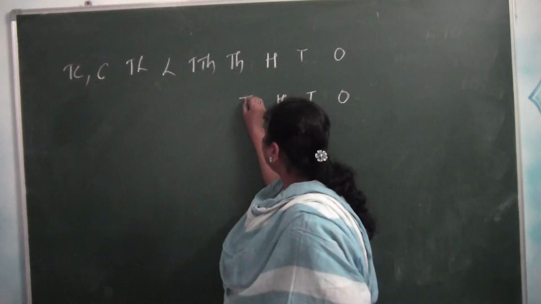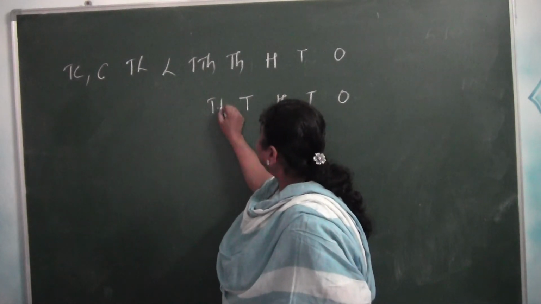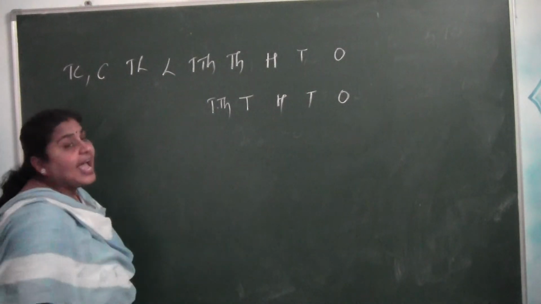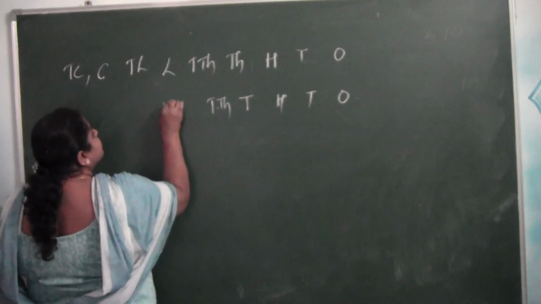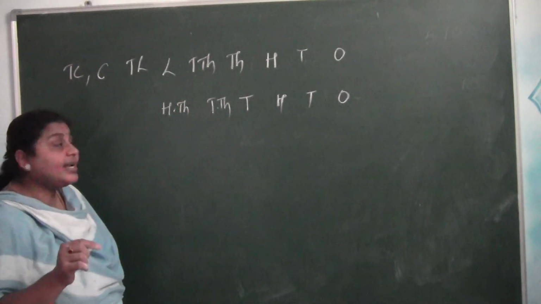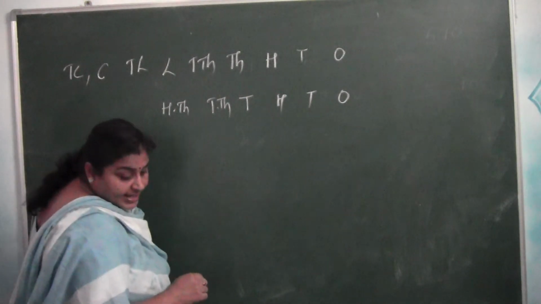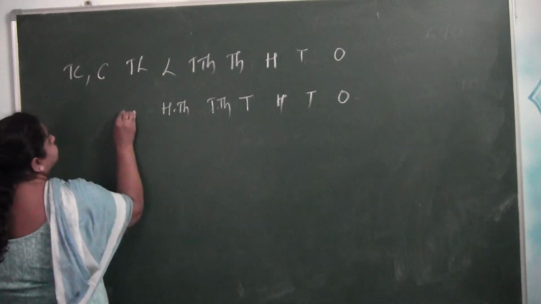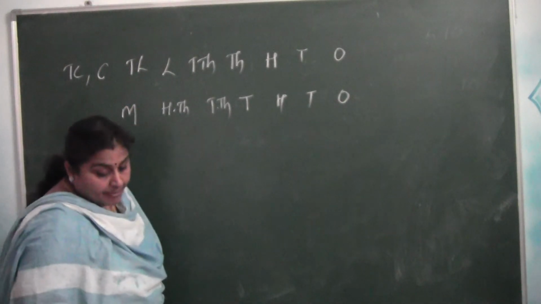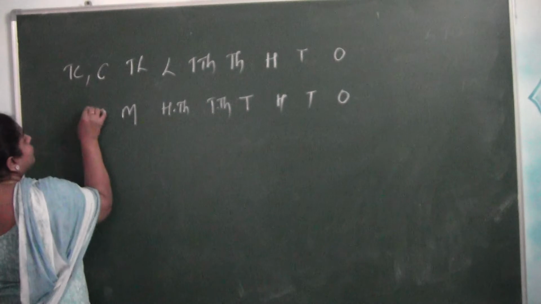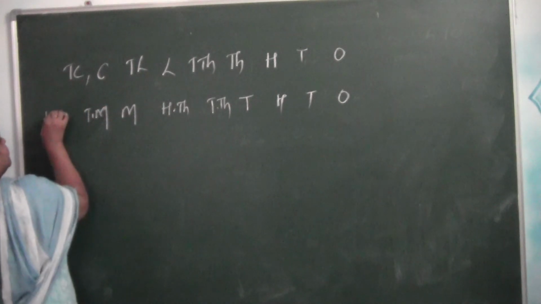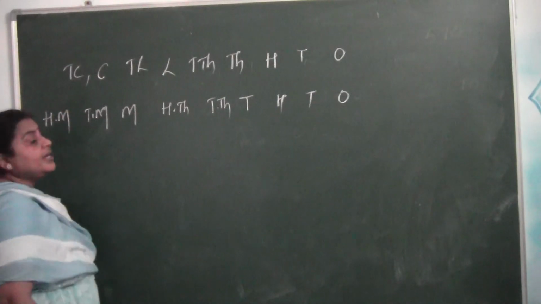Coming here, thousands, 10,000s, and in place of lakhs, you write 100,000s, and next come millions. In place of 10 lakhs, you write millions, and in place of crores, you write 10 millions, and in place of 10 crores, you write 100 millions.